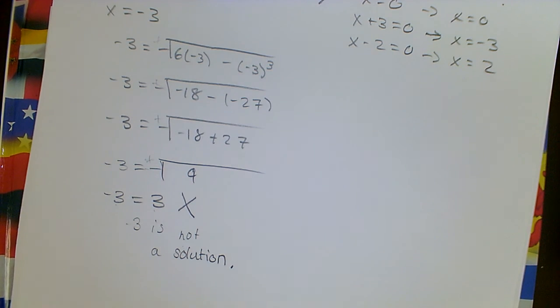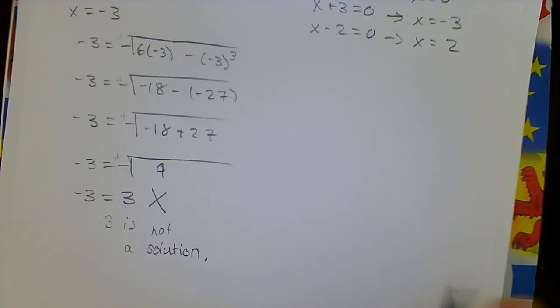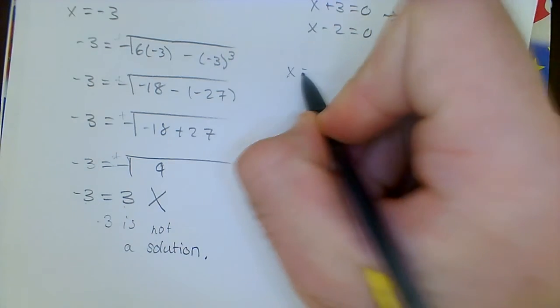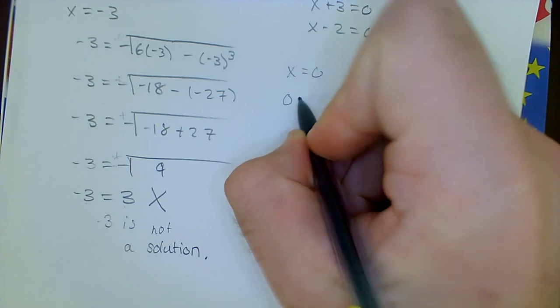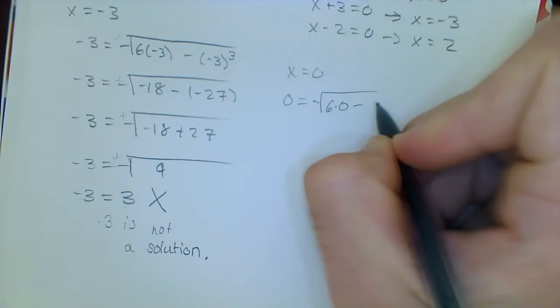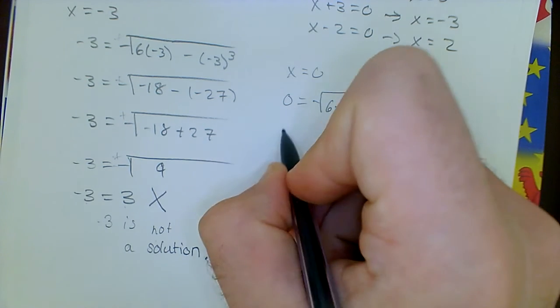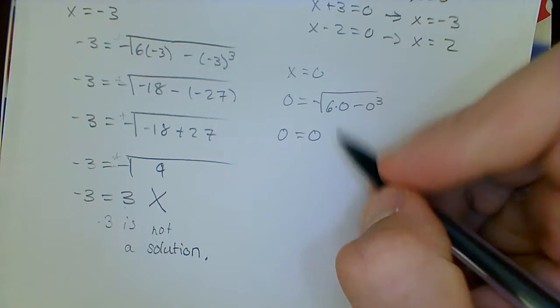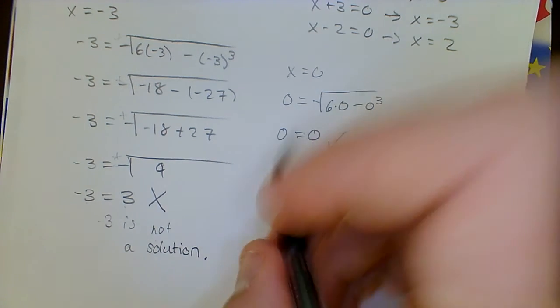If you check x equals 0, you get 0 equals 6 times 0 minus 0 cubed, so 0 equals 0. That checks out.